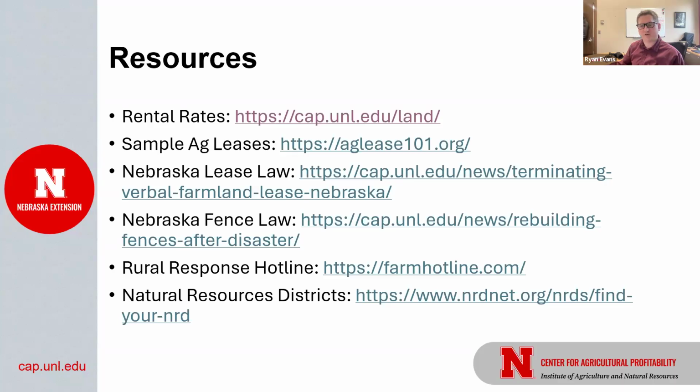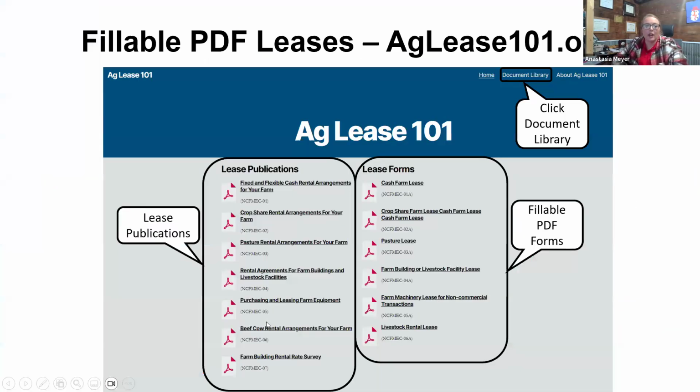Anastasia, is there anywhere to find out common rates for storage bins specifically? Yeah, so that Ag Lease 101, go back to it. This is probably as good as the information as we're going to get published data wise. It has farm building rental rates, where if you call me and ask what a Quonset is going for, what a grain bin is going for, I'm going to pull these numbers up because it's the only published data that I have.